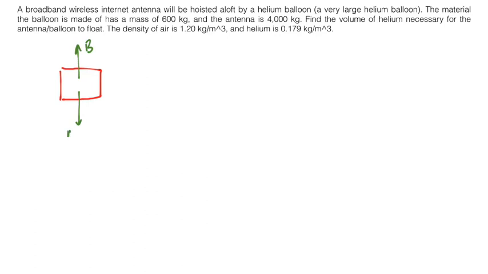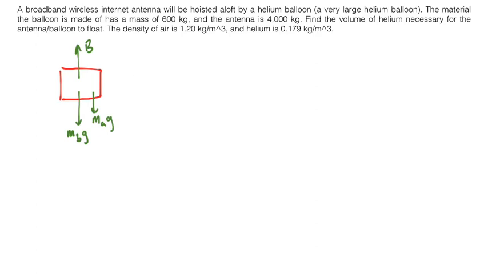So there's the actual material of the balloon itself, the structure of the balloon. It's probably going to be a very thin, like polypropylene material or something, right? Okay. So there's that mass. There's gravity pulling down on the antenna. That's the 4,000 kilogram payload, right?